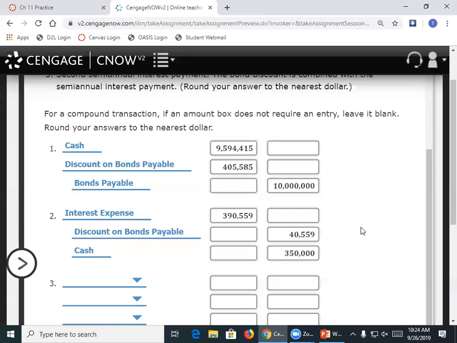So this was at year 1 issue. Well, now every time we make an interest payment, we're recognizing 1/10 of this. So we're crediting it.